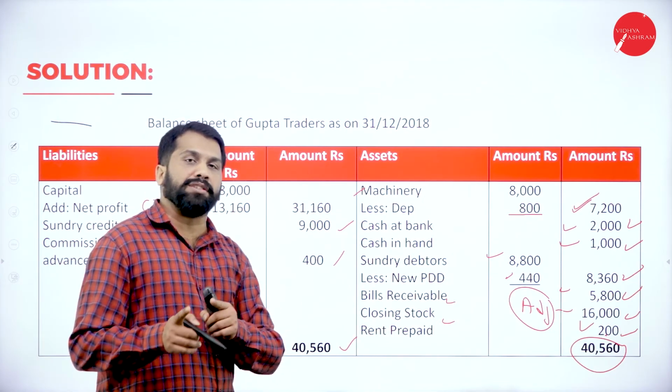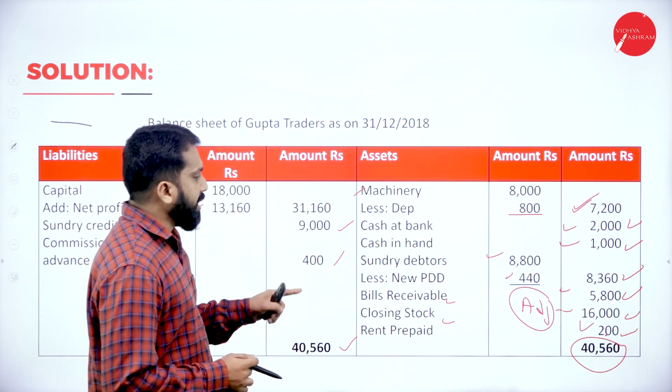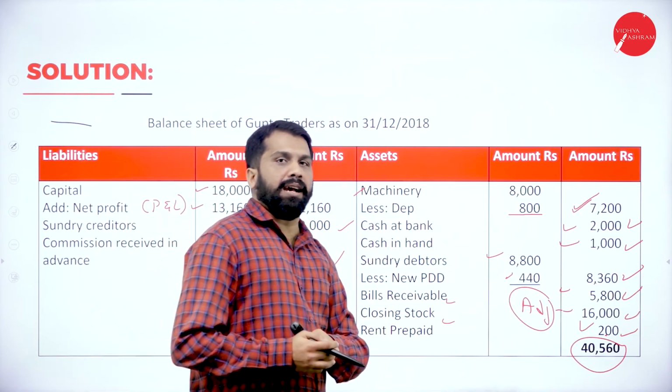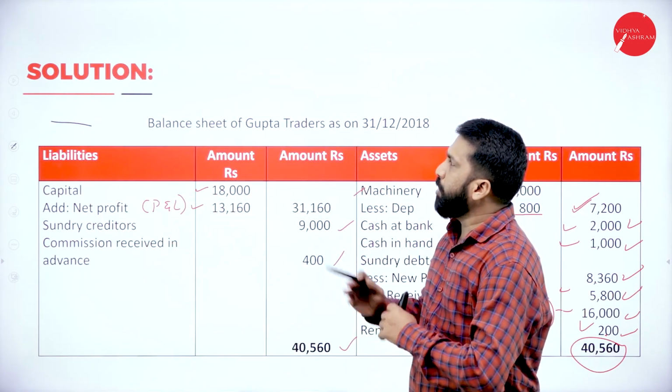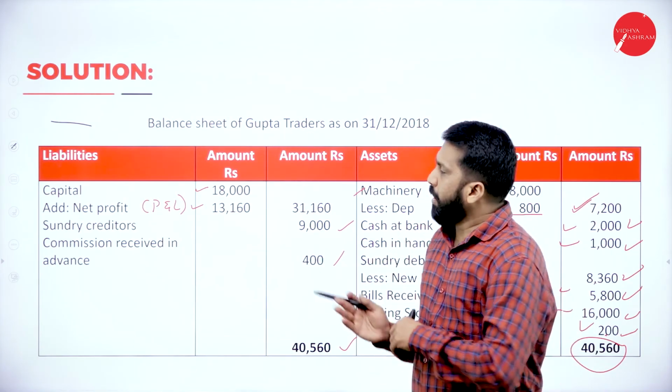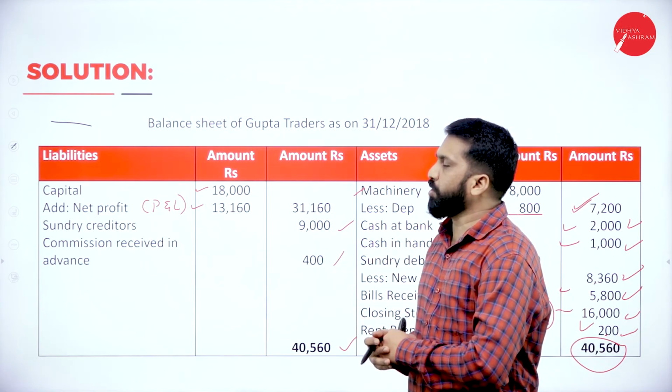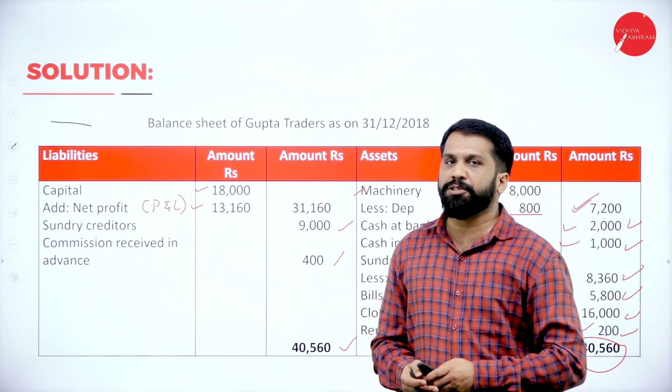Your balance sheet should tally. Then only you can call your answer correct. So in this, never mention debit and credit, never mention 'To' or 'By'. Now I'll go back to your question with the solution. If you want, you can take a screenshot.